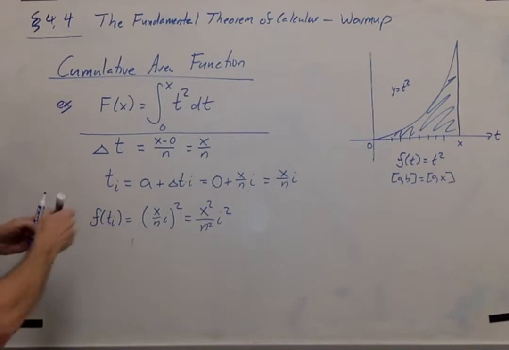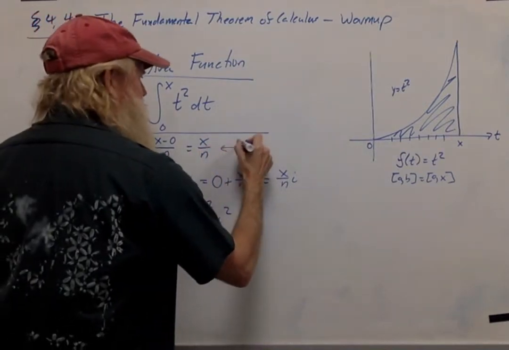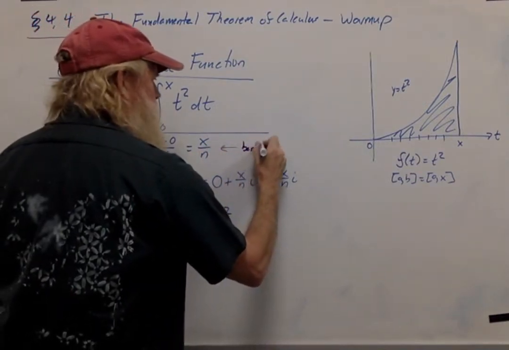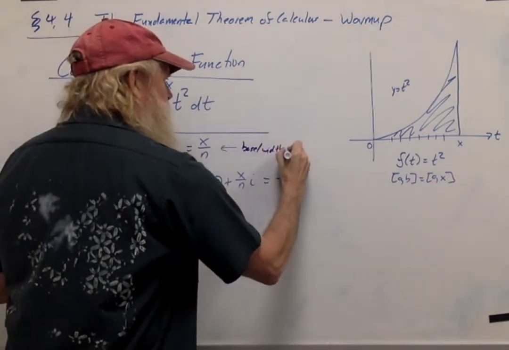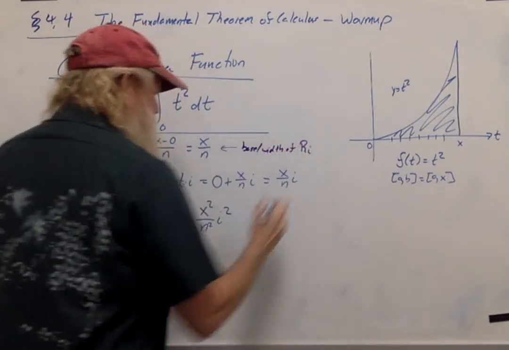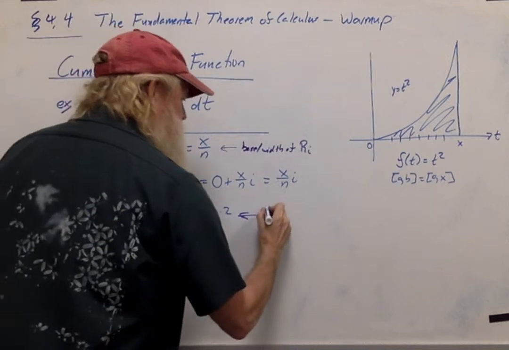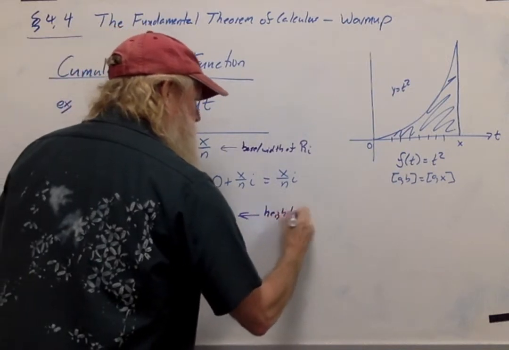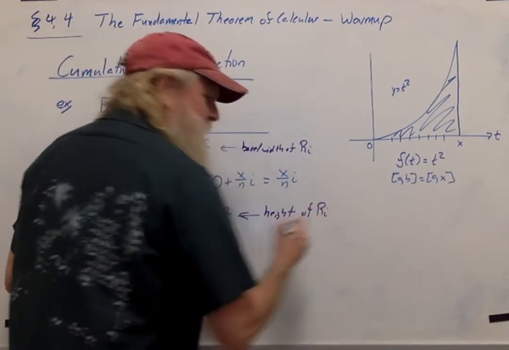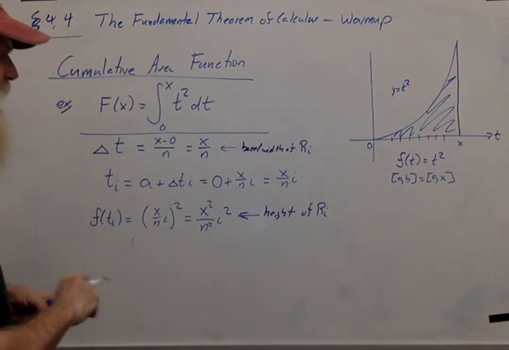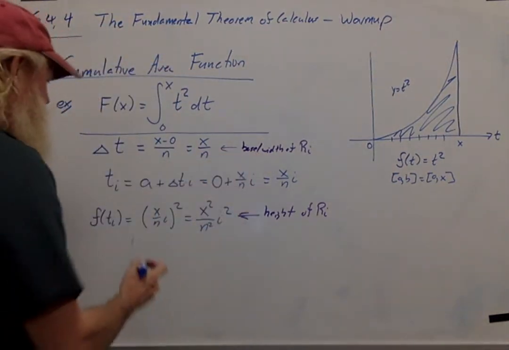So the delta t represents the base or width of rectangle r sub i. Remember that this represents the height of r sub i. So to get the area of r sub i I have to take the height times the base.